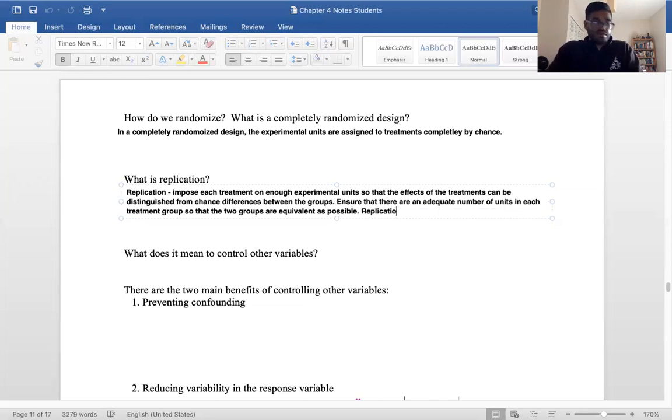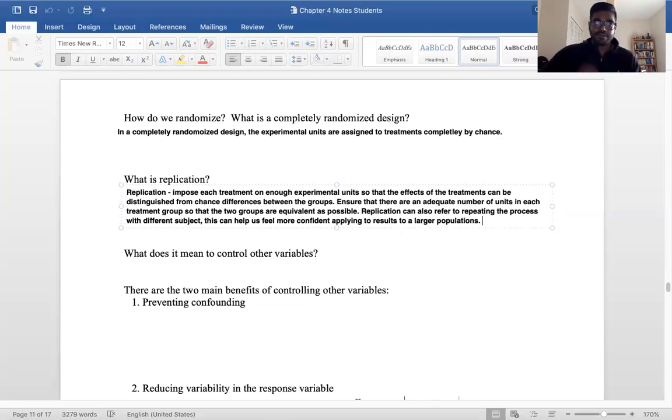A replication can also refer to repeating the process with different subjects. This can help us feel more confident applying the results to a larger population. If your results are consistent across different groups, then you're more confident in saying that it's going to apply to kind of like everybody.